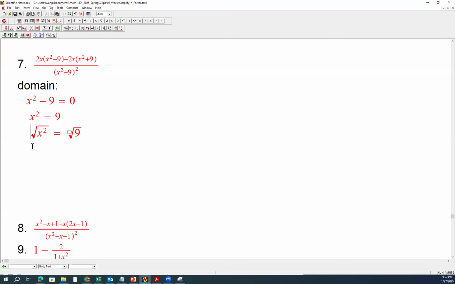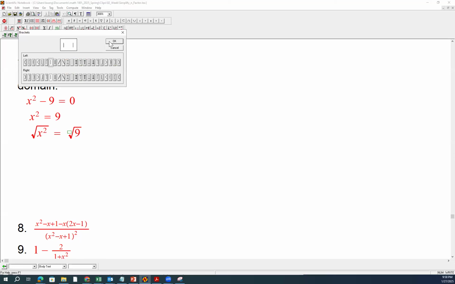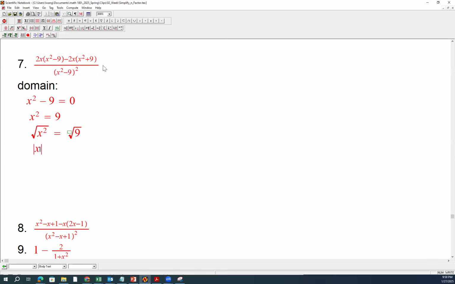The next step is you get the absolute value of x equals 3. So x equals plus or minus 3.